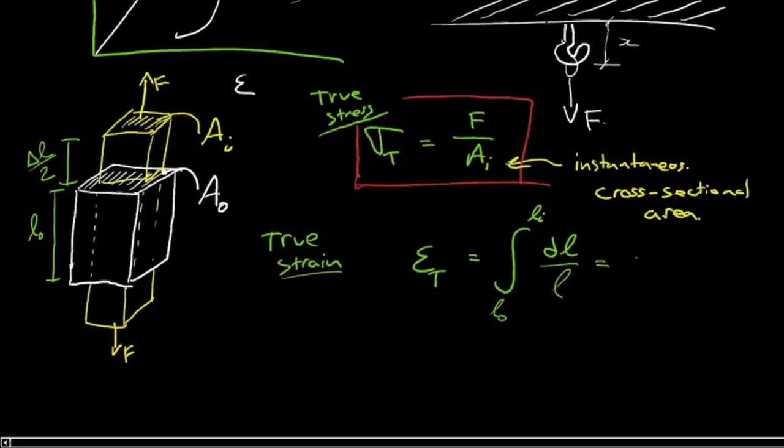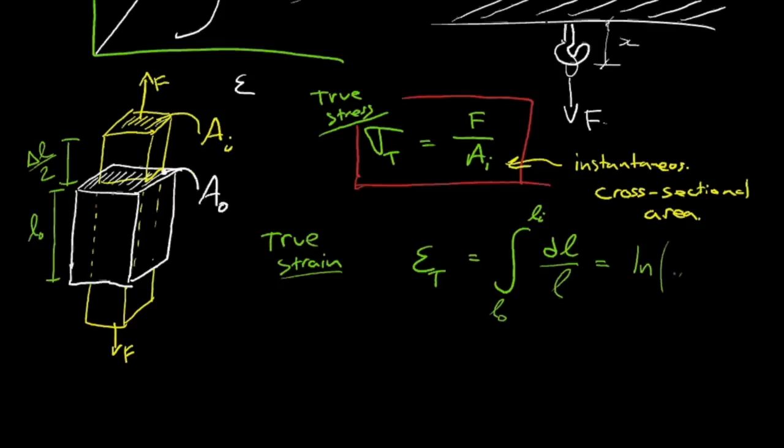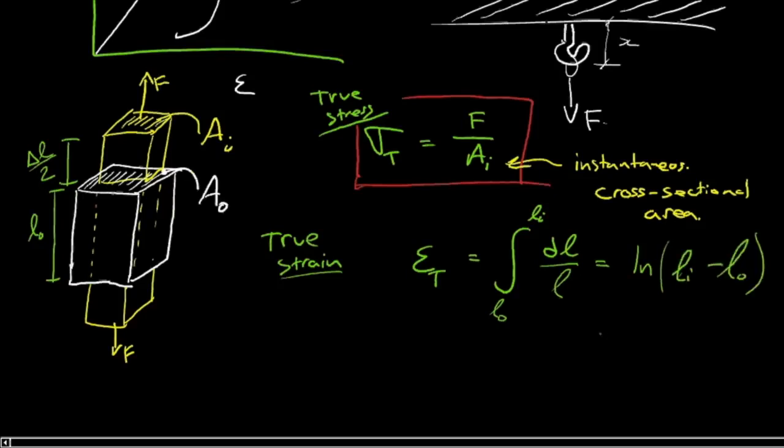That gives ln of L instantaneous over L naught.